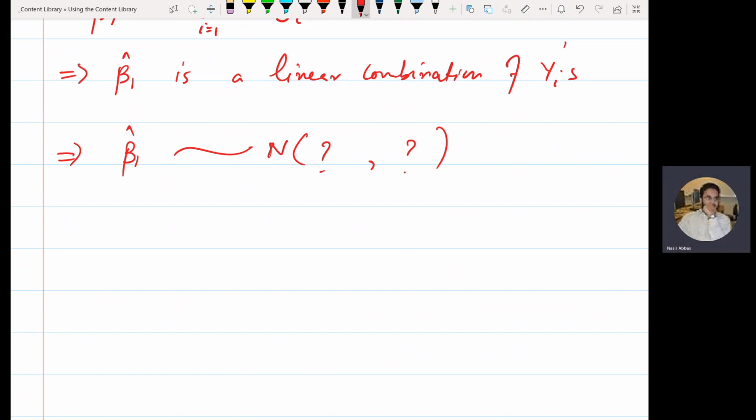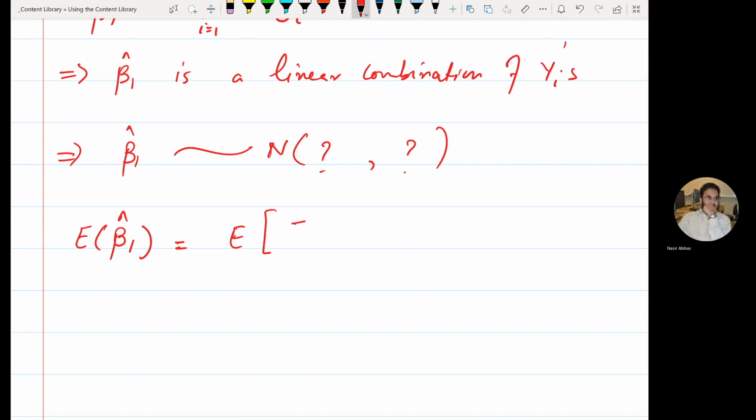Now to get the mean of beta 1 hat, I apply the expectation to beta 1 hat, which, we proved, is the summation of Ci yi.